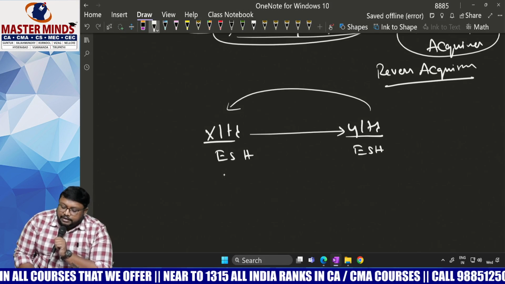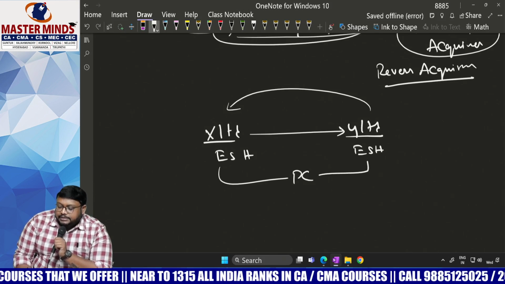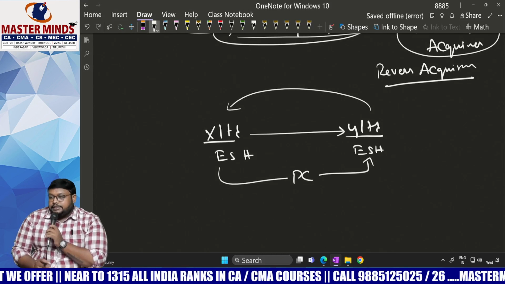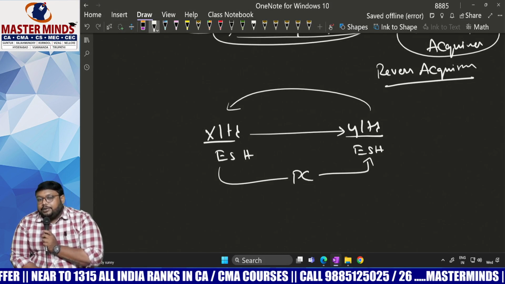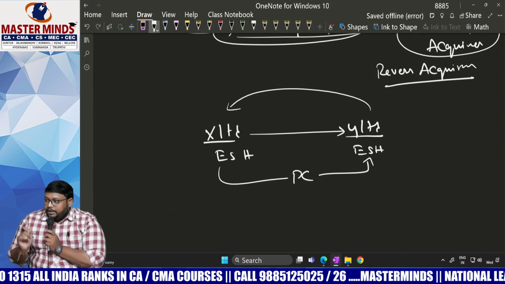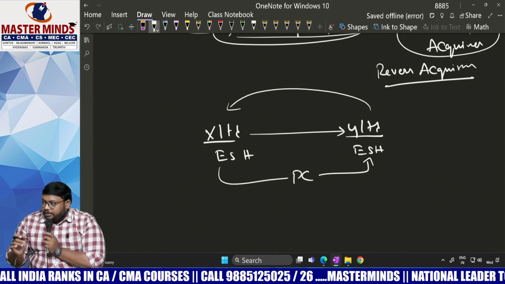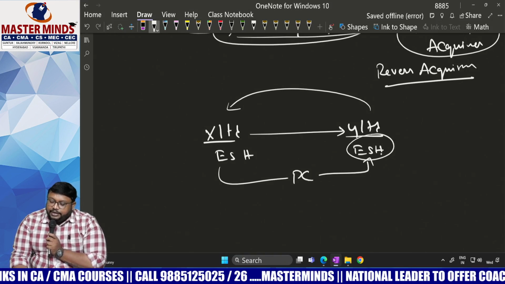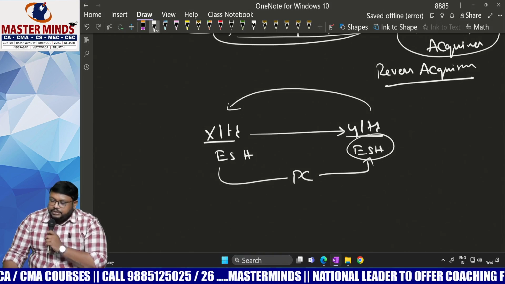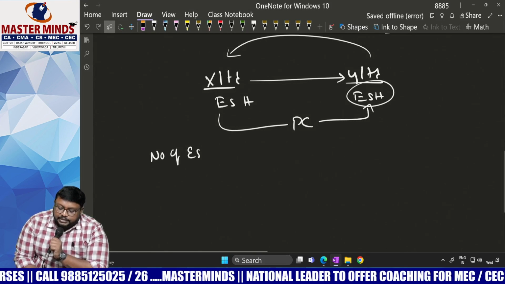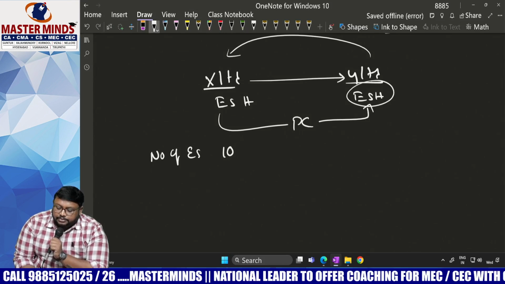Now X Limited has to pay purchase consideration, and it is paying in the form of equity shares. For understanding, number of equity shares, here 1000.